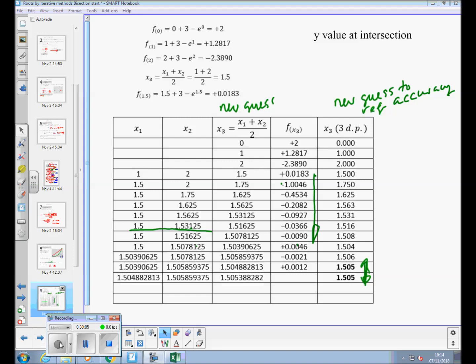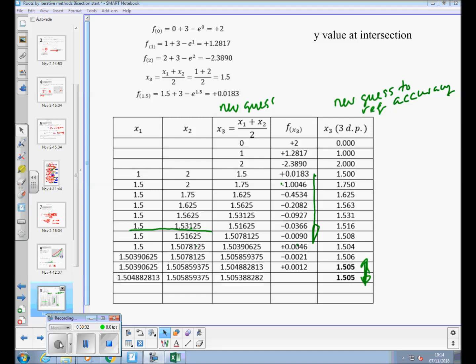Okay? What you're going to find next week is Newton-Raphson's formula method is much quicker. However, there is one issue with Newton-Raphson, which is that you have to be able to differentiate the function. So when anything works quicker, there's sometimes a catch.